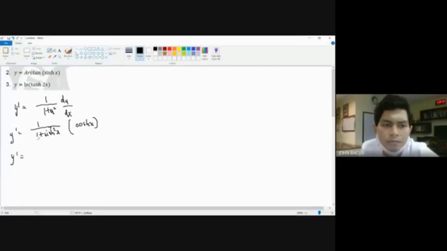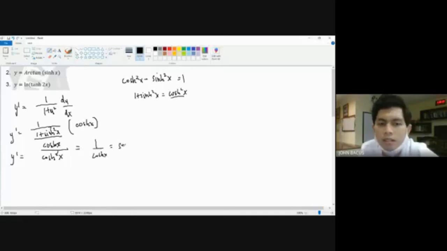So this uses identity H1: 1 plus sine h squared x equals cos h squared x. Therefore, this is cos h squared x. Cancel, and what remains is 1 over cos h x, which is equal to secant h x.